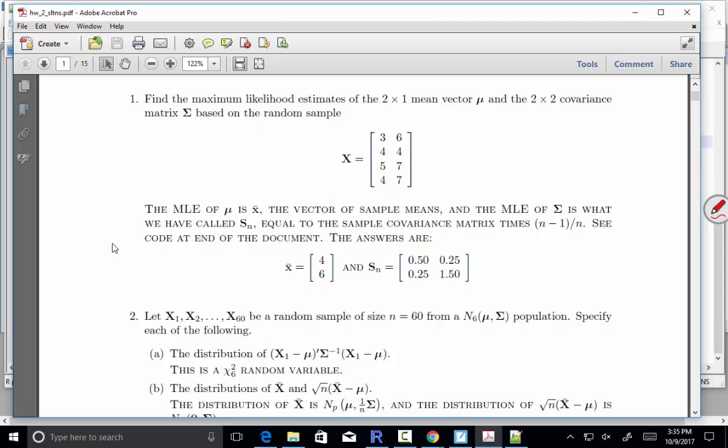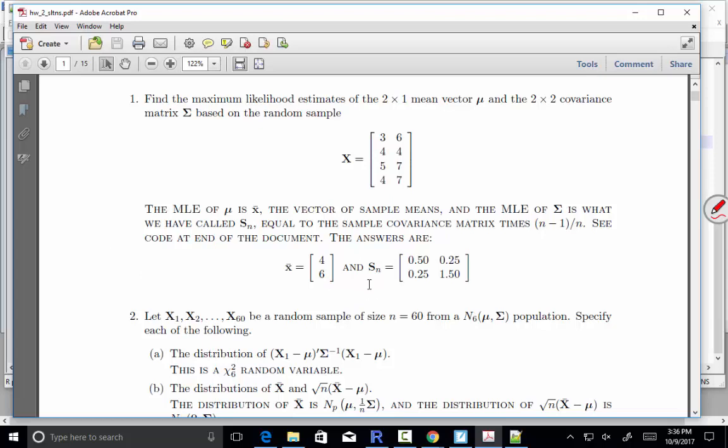So S sub n is not the unbiased covariance estimate. When you say var of a data set in R, it gives you back the unbiased version, which is the covariance matrix that divides by n minus 1. But the maximum likelihood estimator, it turns out, is slightly biased, and it involves dividing by n instead of n minus 1.